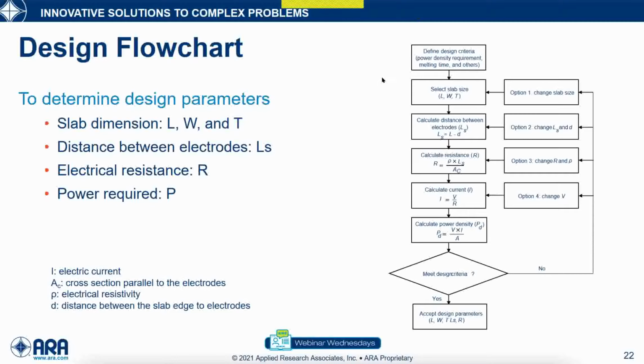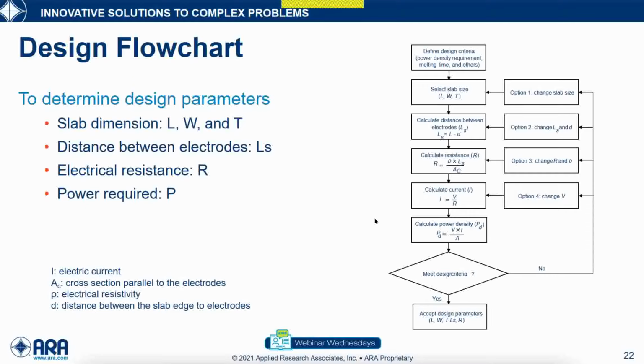After you define the energy, you select your slab size, typically 15 by 12 feet, and then you identify the electrode spacing, and then adjust your electrical resistivity value, and then you have to see the amount of power that you have.